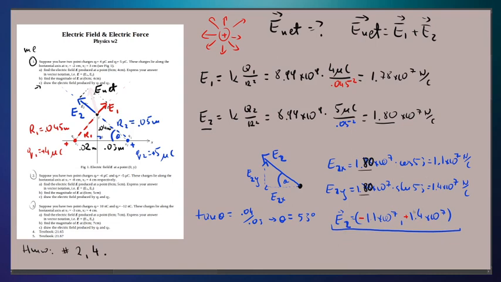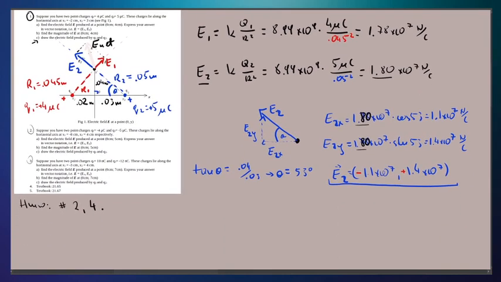Now let's move on to E1. So let's calculate E1, and I'll move this up and we'll do it in red. So for E1, let's draw a picture. All right, let's do it here. So E1 points like this. I should have drawn it bigger. Oh well.